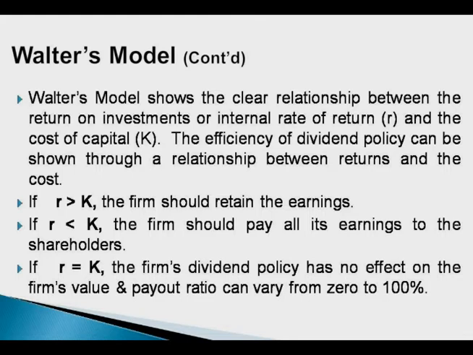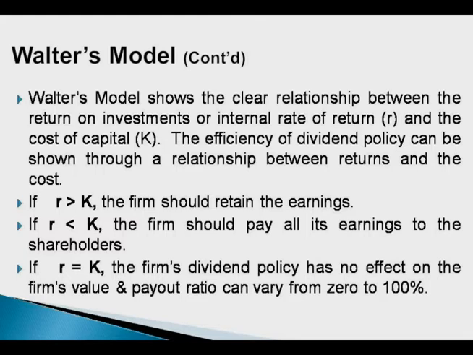Second, if K is greater than R, meaning cost of capital is greater than internal rate of return, the firm should pay all its earning to shareholders. There will be no provision of retained earning.